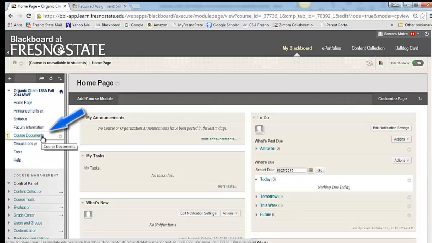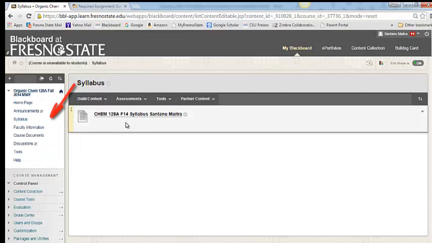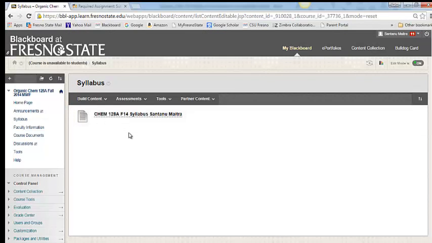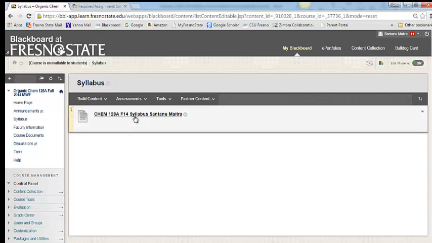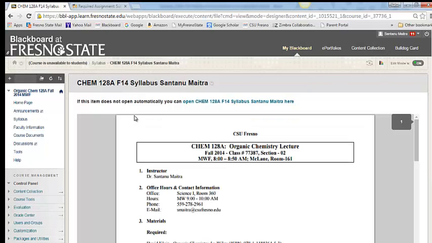That will include lecture notes, other instructions regarding the lectures, and other course materials in other forms and resources. The syllabus is under syllabus, and this is the syllabus, Chemistry 128A, F14 syllabus, Shantanu Maitra.